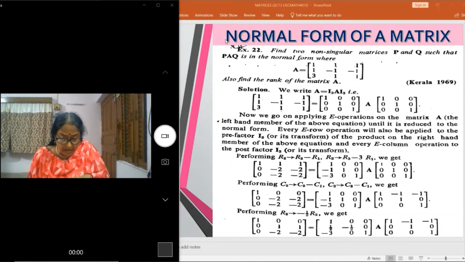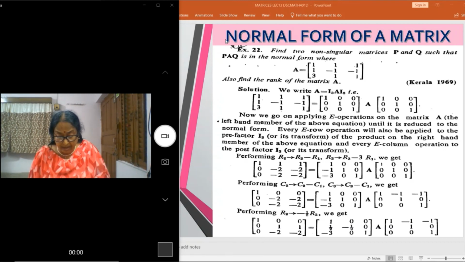And R3 is equal to R3 minus 3R1, to make the left hand side member 0, which is also given to the matrix before A. So the row transformation is given on the left, then the same transformation is given on the right before A, and the column transformation given on the left side is given to the matrix after A on the right side.